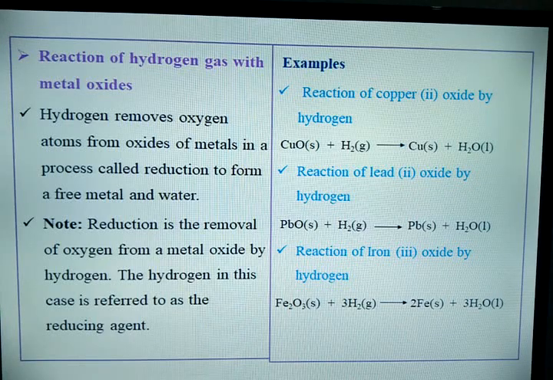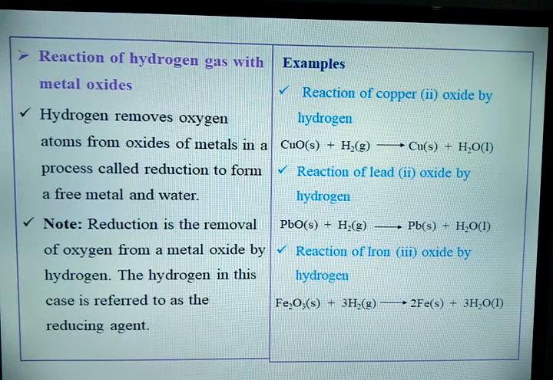So we try to define what simply reduction means, and reduction is the removal of oxygen from a metal oxide by hydrogen, and sometimes it can be addition of hydrogen to an element or an atom or a compound. It has 3 definitions, but today we are emphasizing removal of oxygen from a metal oxide.